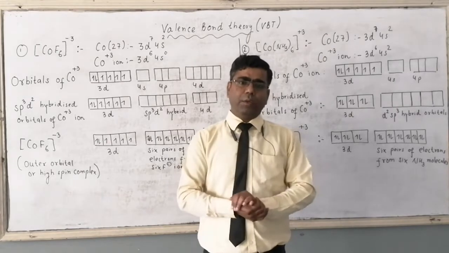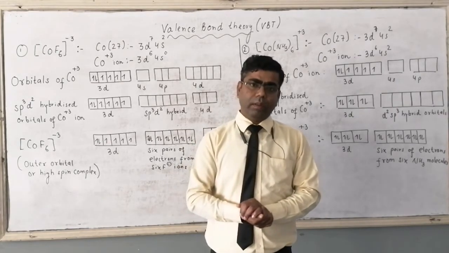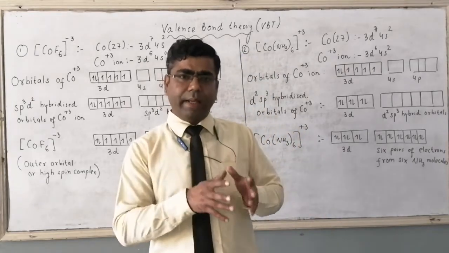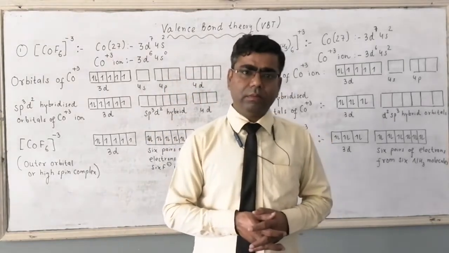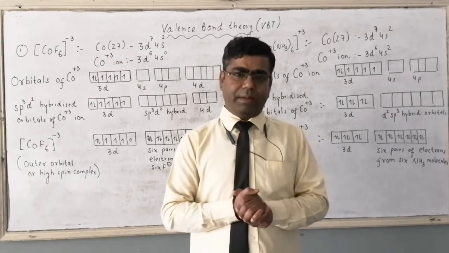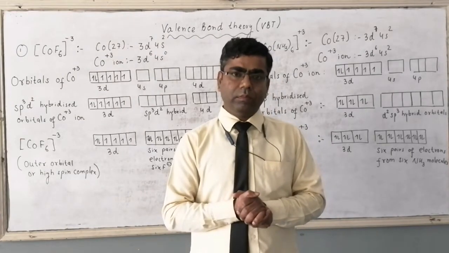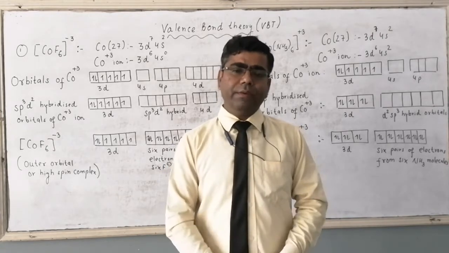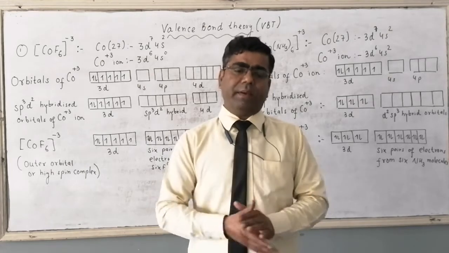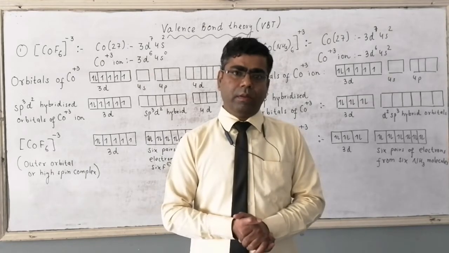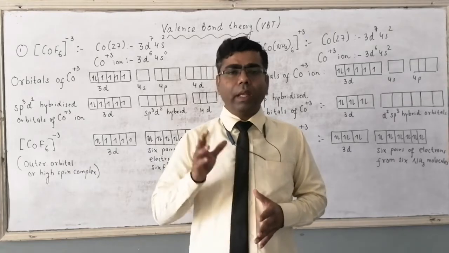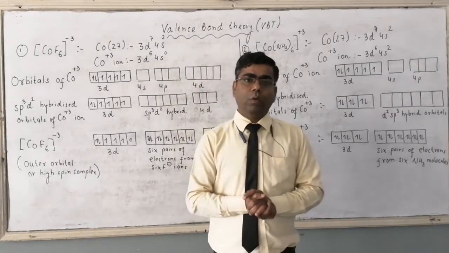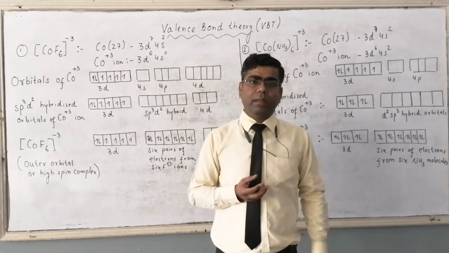According to valence bond theory, between ligand and central metal atom or central metal ion, coordinate bonds are present. So here we can say that valence bond theory gives covalent treatment to the bonding present between ligands and the central metal atom or central metal ion. What are ligands doing?